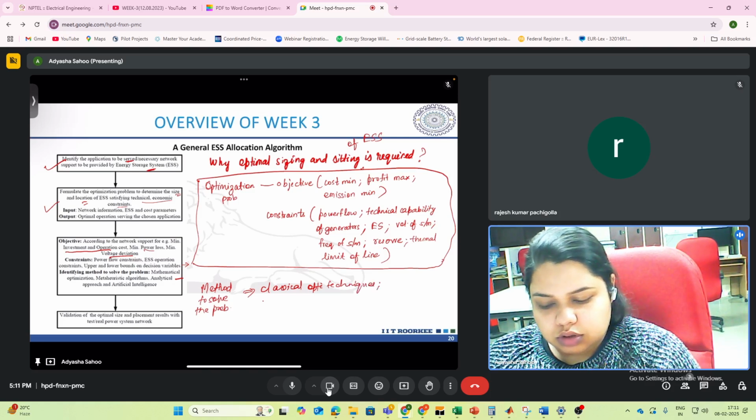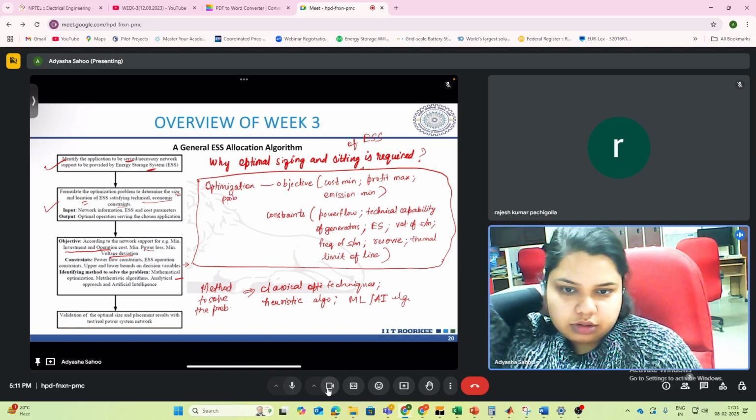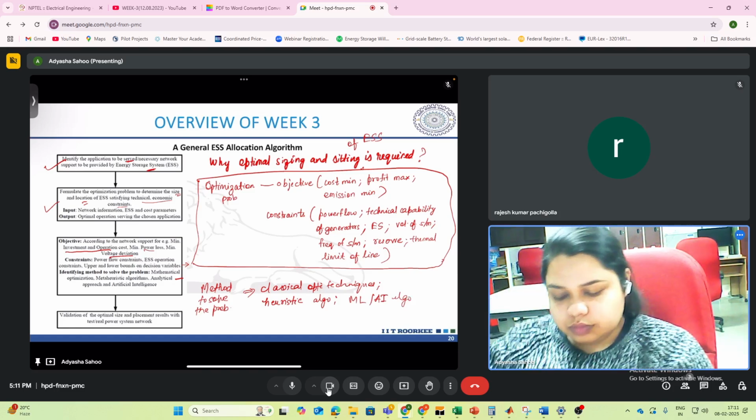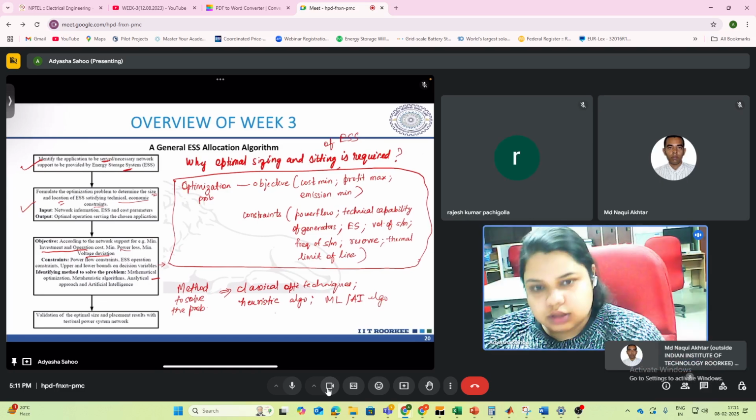You can use heuristic algorithms, or nowadays you can use ML or AI based algorithms to basically solve this above optimization problem. Then basically this will give you the final result.